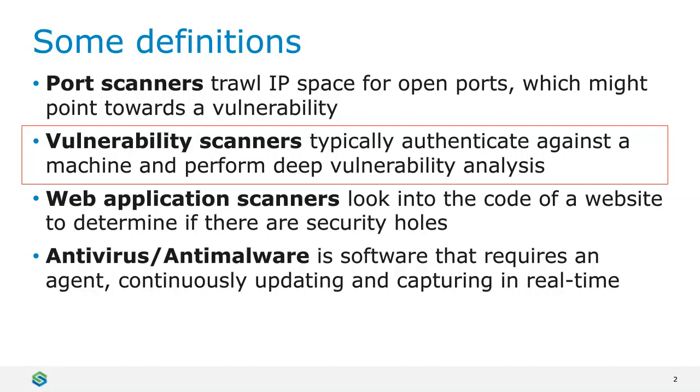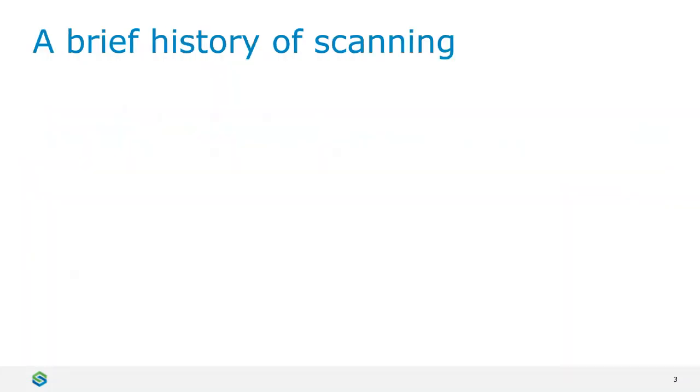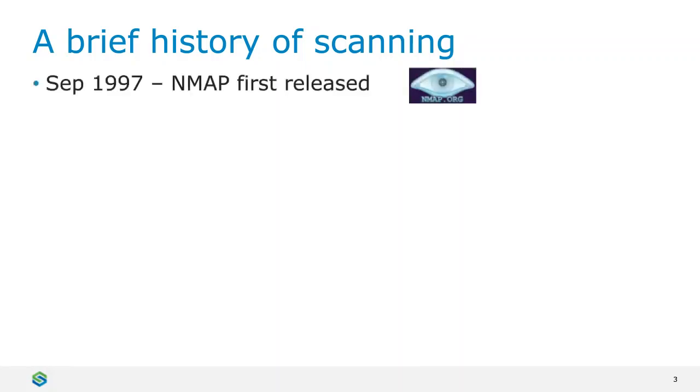So if we look at vulnerability scanning technology and where it's come from and the history and pedigree, if you like, of scanning, we can go back to when Nmap was released. This is the first port scanner, really, that started a trend of other scanners that came out and used some of the underlying technology of Nmap and improved it and enhanced it to bring out their own products. Now, before Nmap was released, throughout the 90s and even in the 80s, antivirus and anti-malware software became very popular with companies like McAfee and so on.